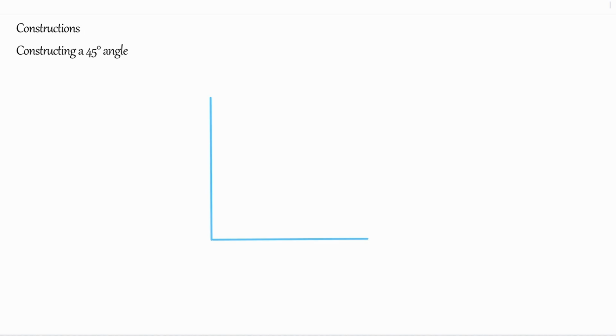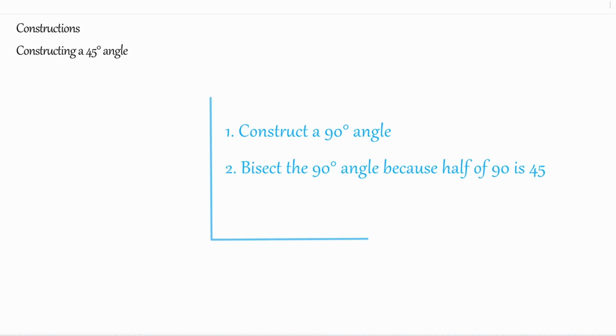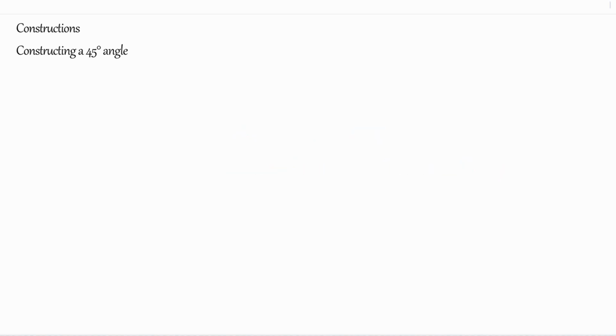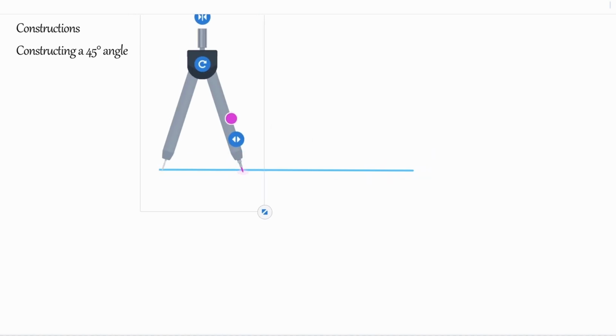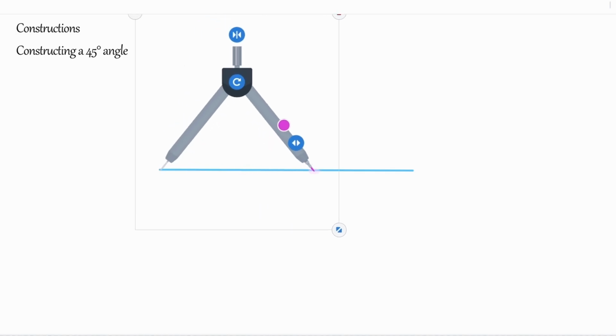So in order to construct a 45-degree angle, we would first have to construct a 90-degree angle, and after we have constructed the 90-degree angle, we would have to bisect the 90-degree angle. So to construct the 90-degree angle, we can start by drawing a straight line and then using our compass, as we previously saw, to extend the width of the compass to more than half and drawing an arc from top to bottom.